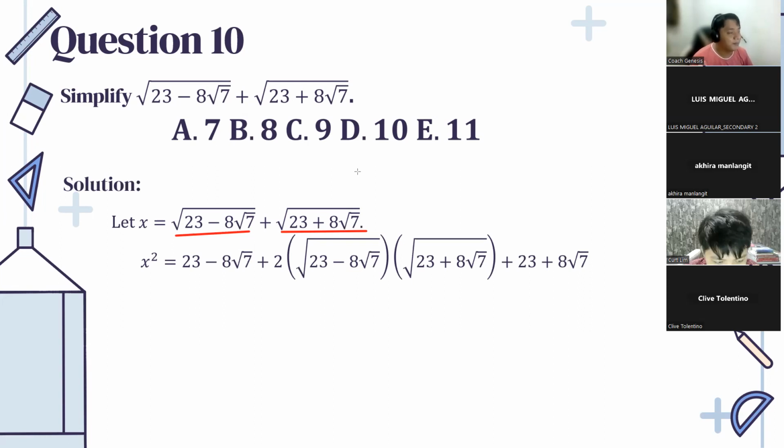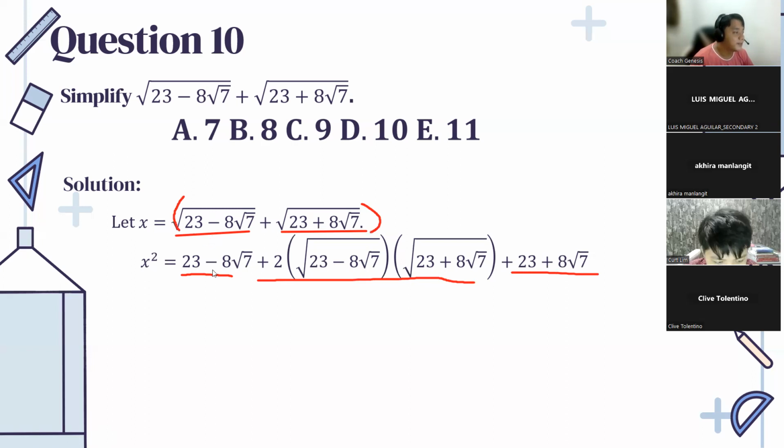Now, however, because of perfect square trinomials, squaring this binomial here will produce two squares, but their middle term will also have a radical.